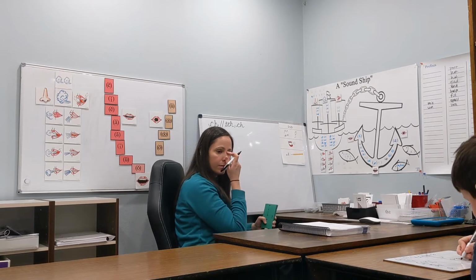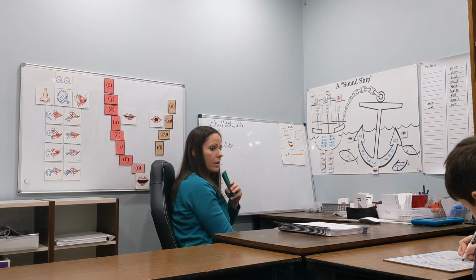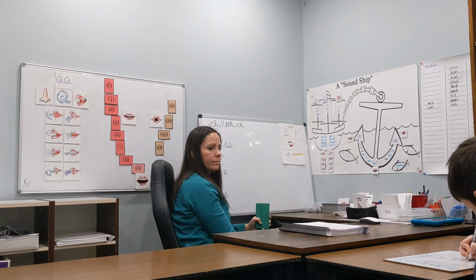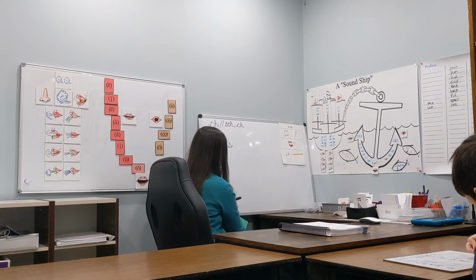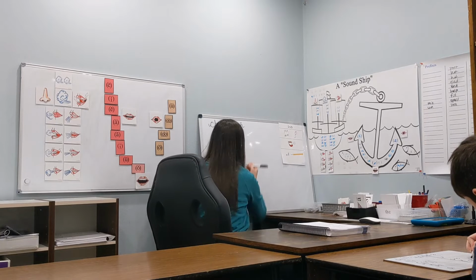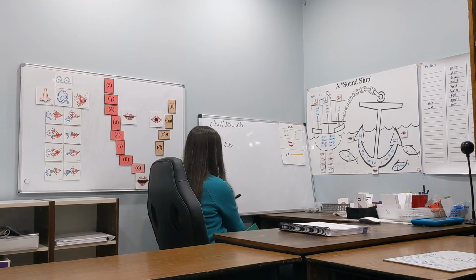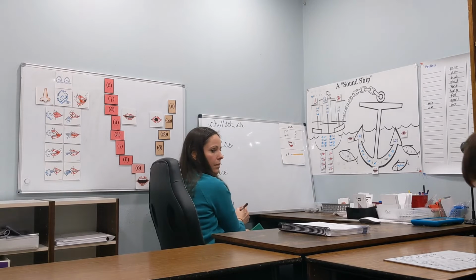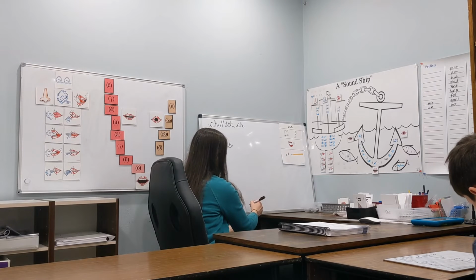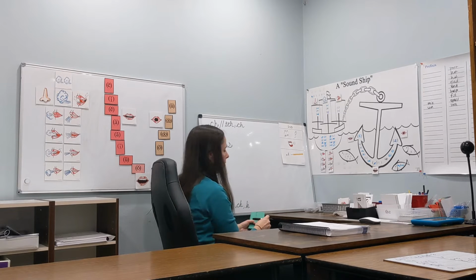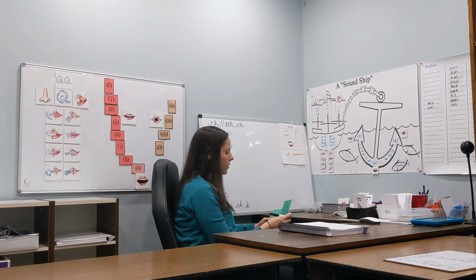K. This one has a few. K. Okay, so you've got K and C, and then digraph CK and K. You have space for one more, it looks like.